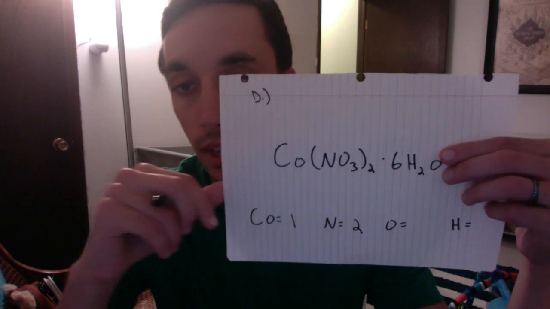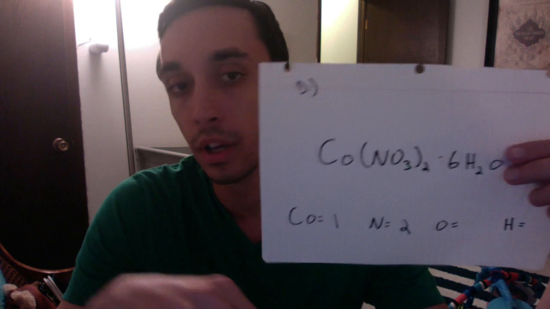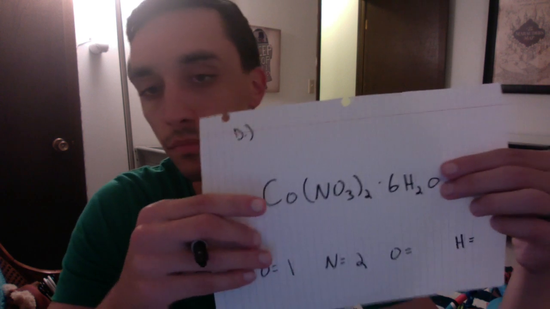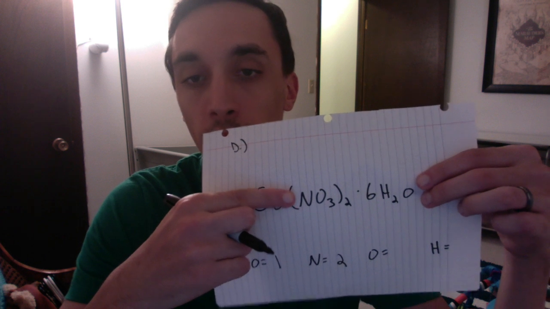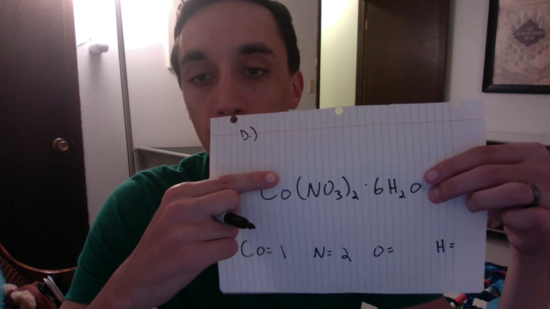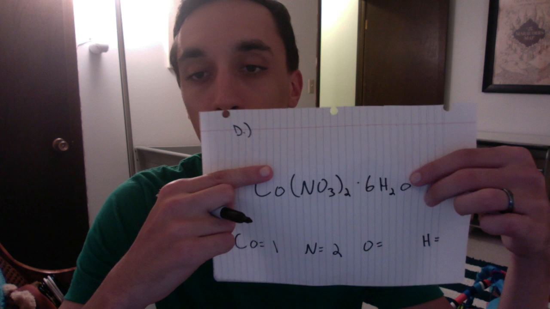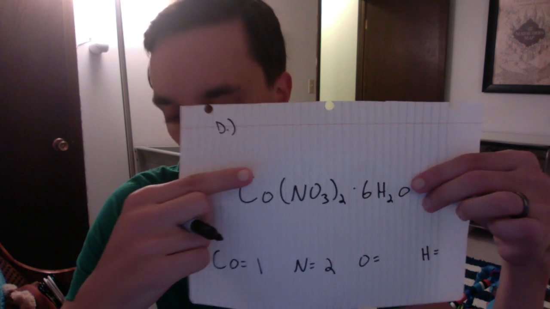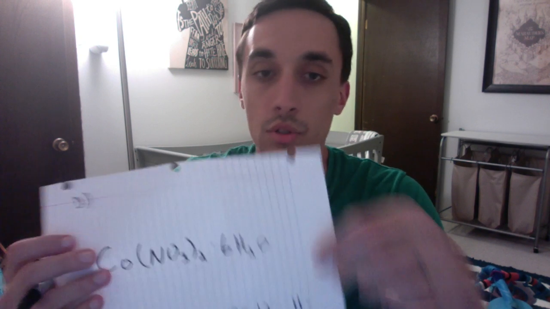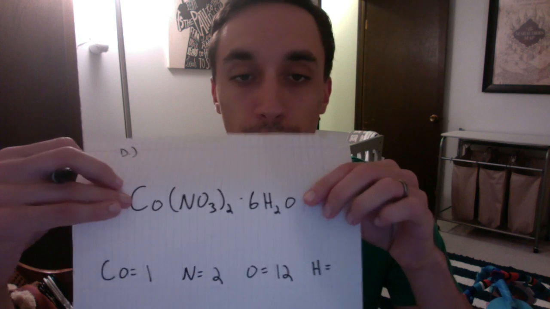Okay. Then moving on to oxygen, we've got 3 oxygen inside the parentheses here. Multiply that by 2, that's 6. Then we also have 1 oxygen in the water molecule here, but we have 6 of those. So we add 6 and 6 together, and we have 12 oxygen.